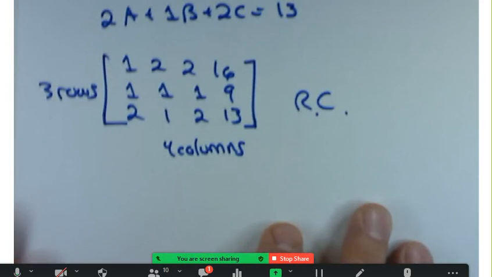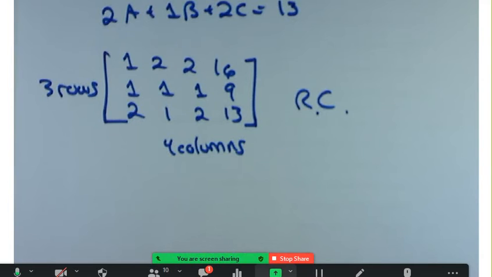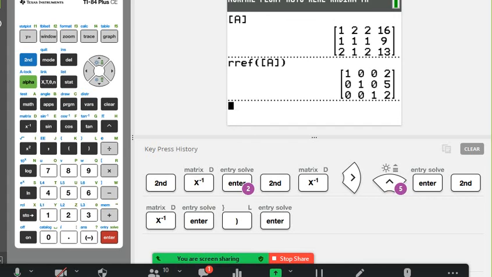But if we get down to this new matrix, this specialized matrix, then wow. Let me take a look here. That's 1, 0, 0, 2, 0, 1, 0, 5, and 0, 0, 1, and 2. So let me switch screens here for a second.